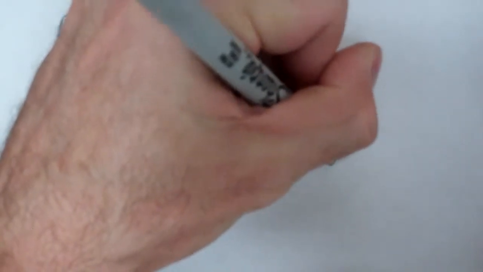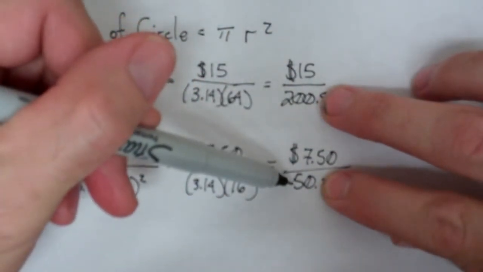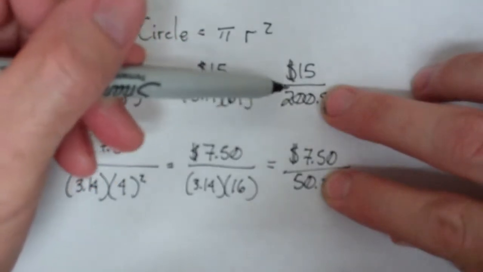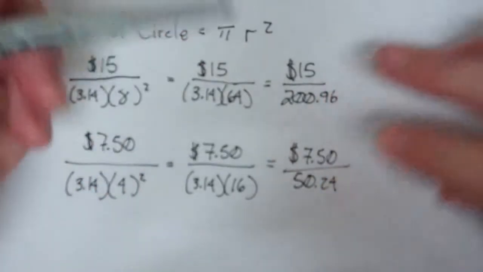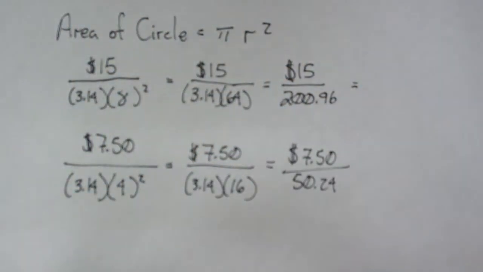And so if you just had 50 and 200, 4 times 50 gives you 200. This one is 4 times bigger than this one. And so now when I divide the 15 by 200.96, I end up with about 7 cents.